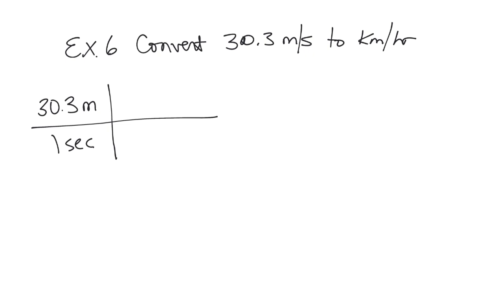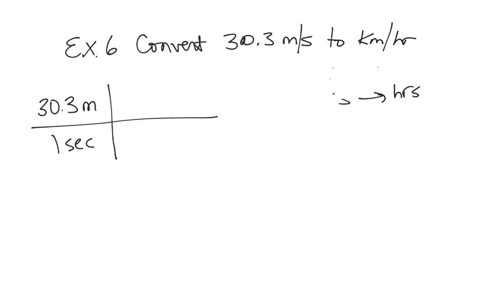So there are 2 conversions we're doing here. We're going to convert meters to kilometers and seconds to hours. Okay? So my conversion factors, in fact, I should have left room for it, but let me erase this.